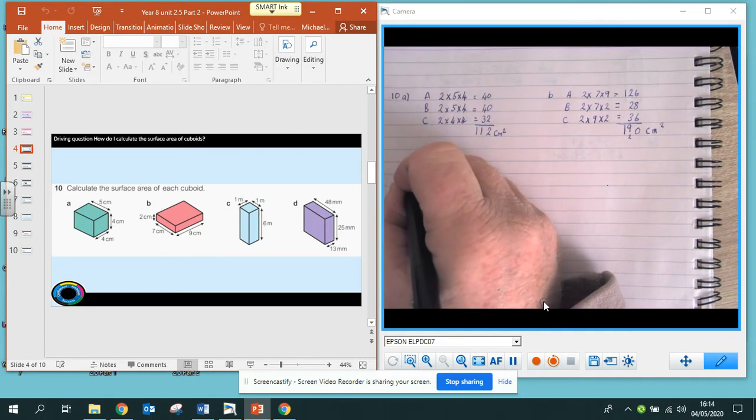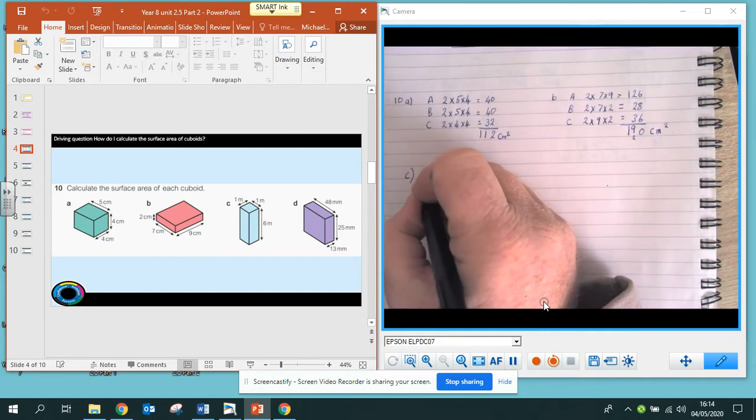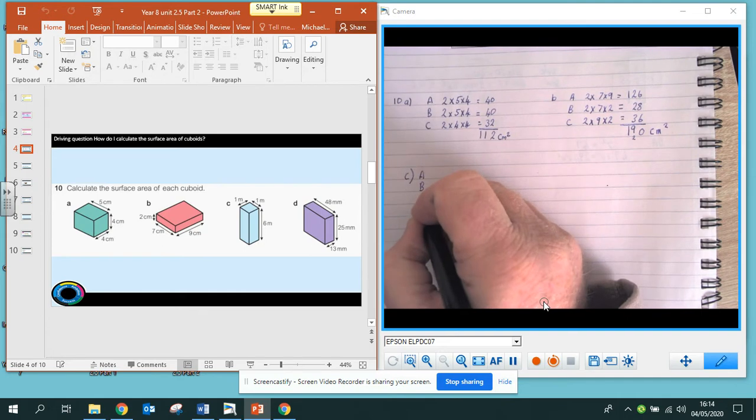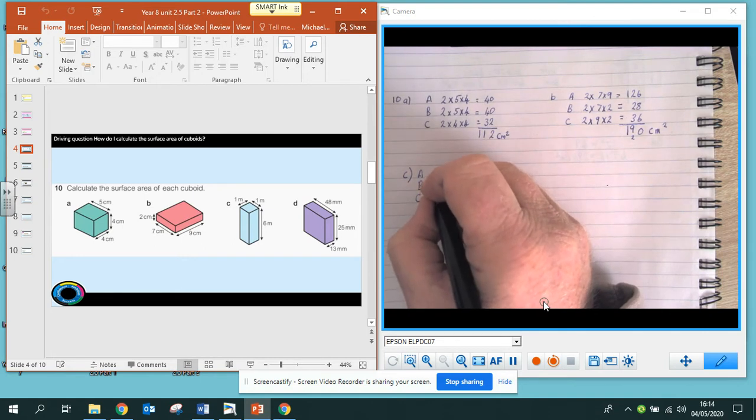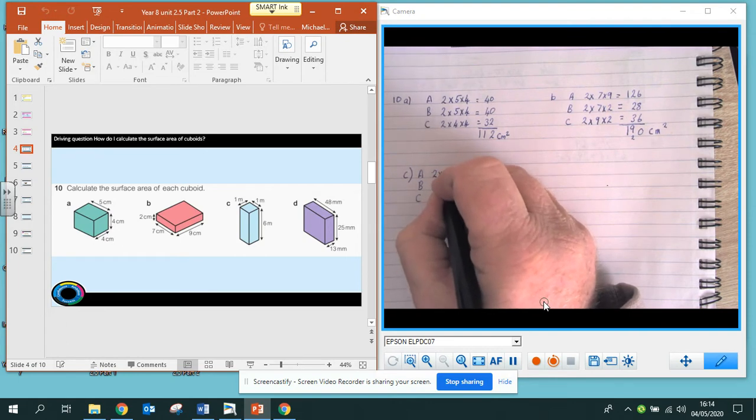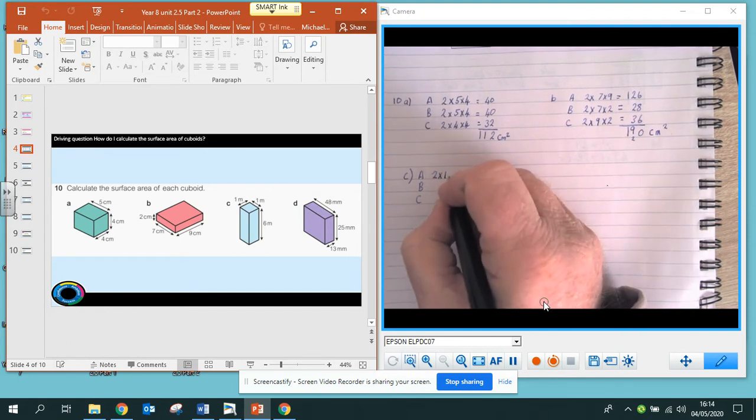C, 3 pairs of sides, A, B, and C. My plan, looking down on it from the top, 2 sides, top and bottom, 2 times 1 meter wide by 1 meter long.